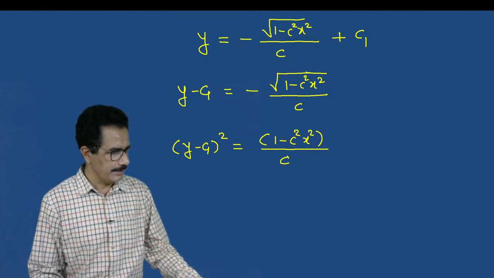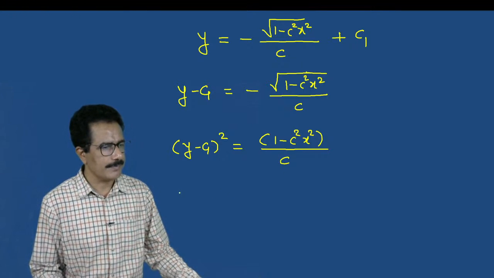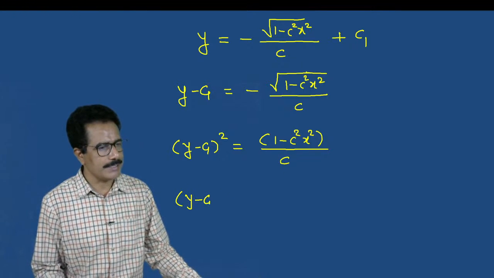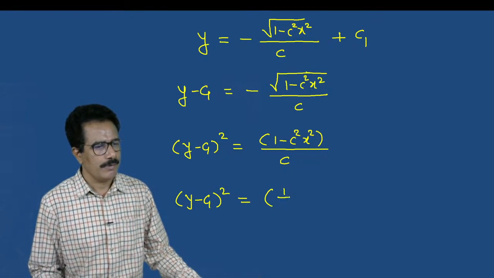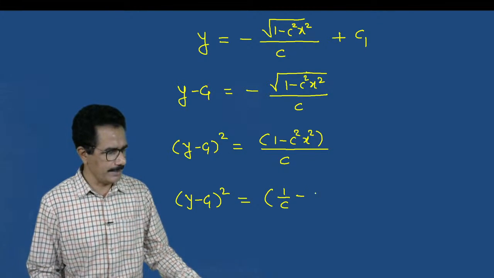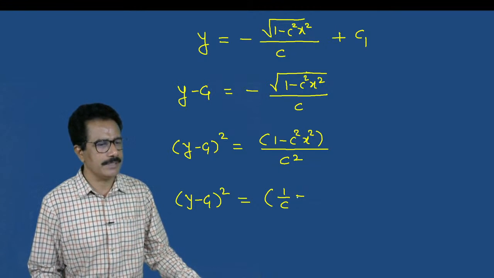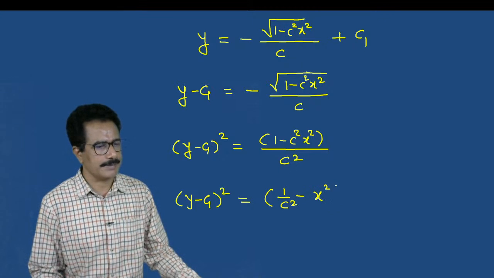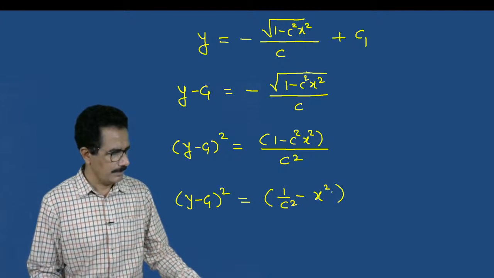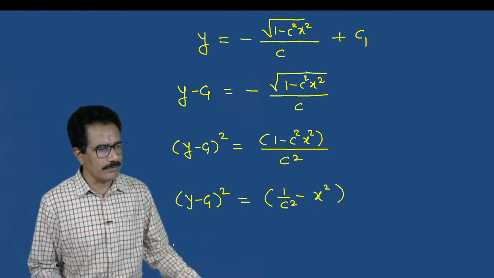Is it okay? So now separate this. Y minus C1 bracket square is equals to 1 by C, here it will be C square, minus X square. Okay, so this minus X square we can write on the left side.